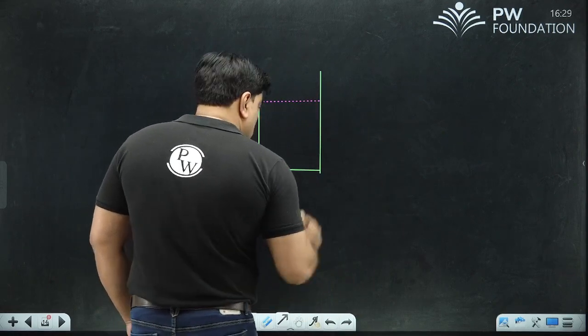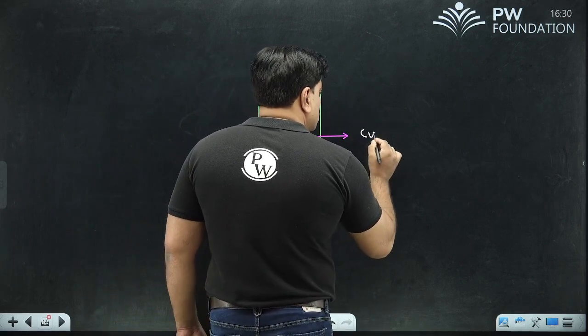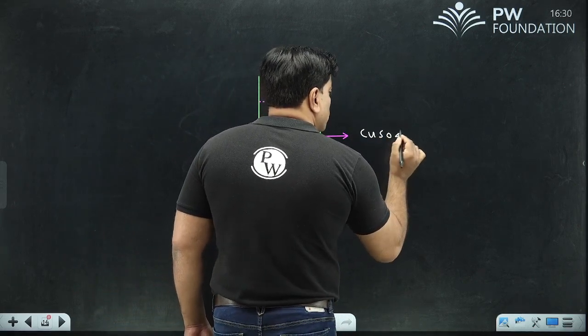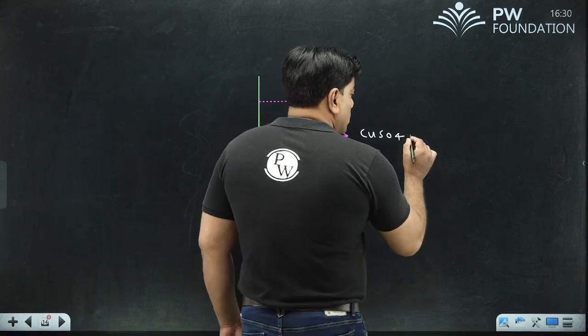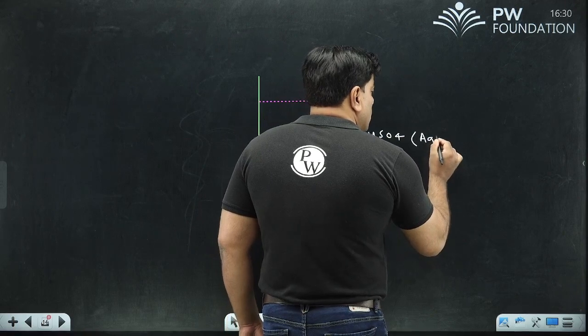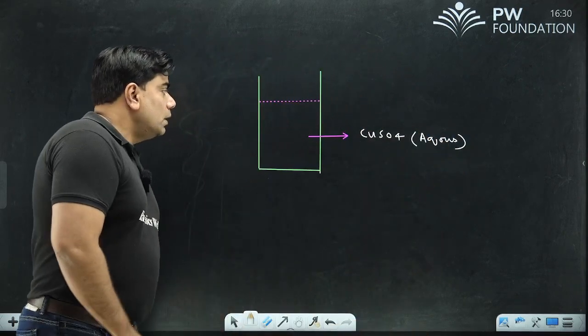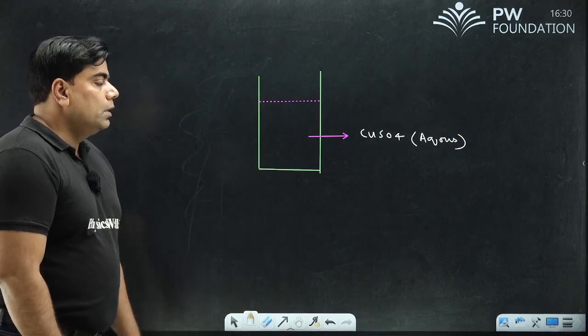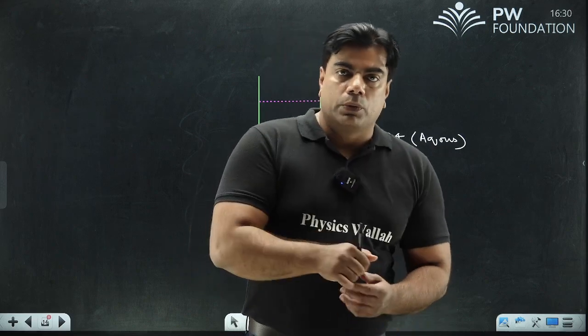This CuSO4 is aqueous CuSO4, meaning dissolved in water. Now, in this aqueous solution of CuSO4, I dip a metallic rod such as a copper electrode.